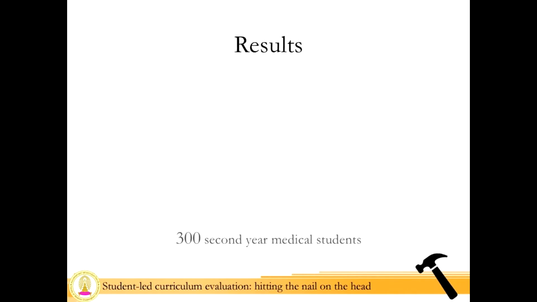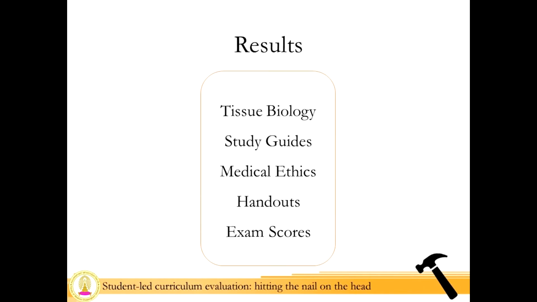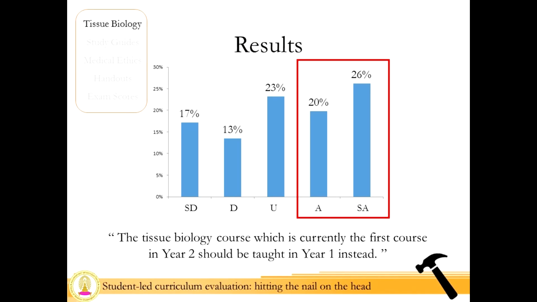The response rate in the first round was 86% and in the second round was 89%. Of the 62 items, we select only 5 items to discuss in this presentation. The first example is that 46% of the respondents suggested that the fundamental tissue biology course, which is currently the first course in the second year, should be taught in the first year instead.